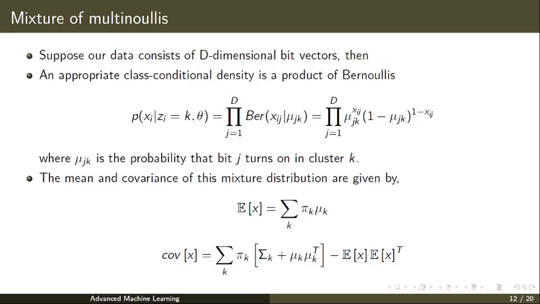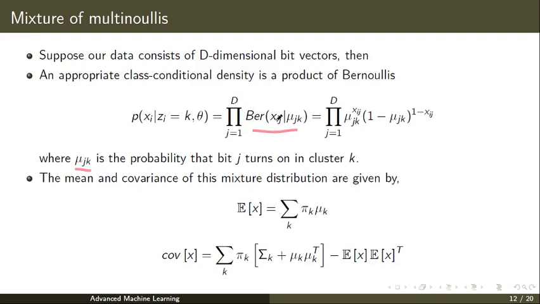A mixture of multinoullis. I think you know about the Bernoulli distribution. Suppose our data consists of some d-dimensional bit vectors, then an appropriate class conditional density is a product of Bernoullis. Each bit is going to represent a Bernoulli distribution, where mu jk is the probability that bit j turns on in cluster k.